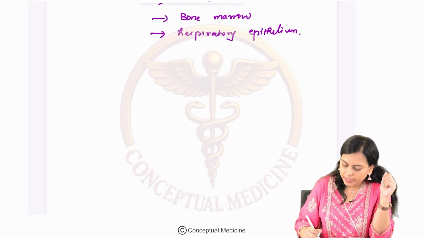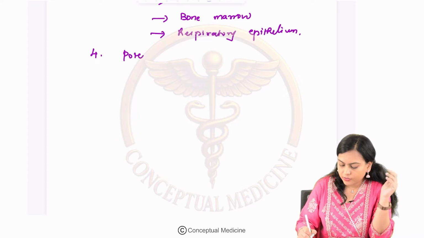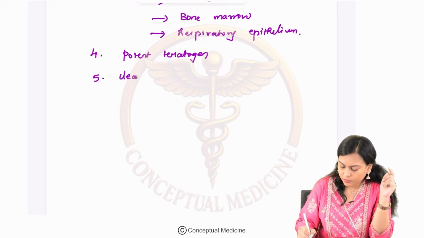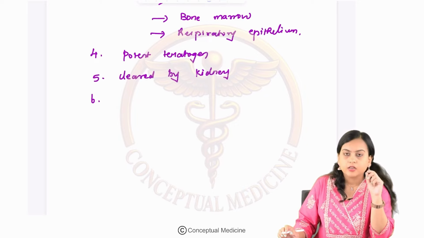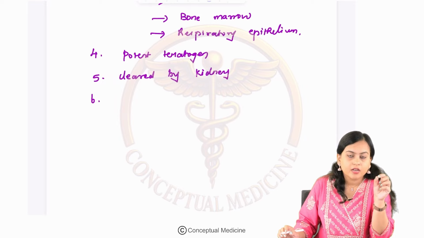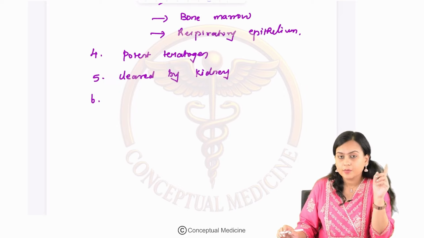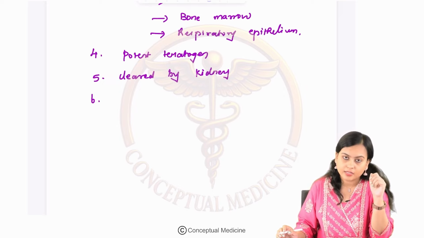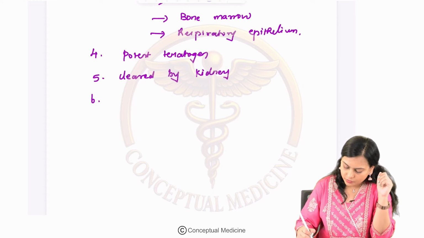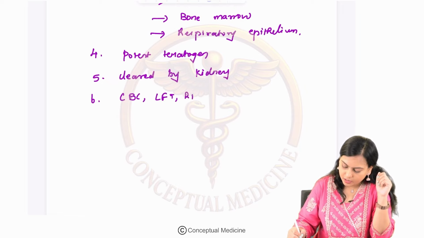Okay. It is a potent teratogen also and it is cleared by kidneys. Okay. So, before starting methotrexate, you should obtain CBC, LFT and RFT tests. Okay. So, CBC, LFT, RFT to be done before starting it.